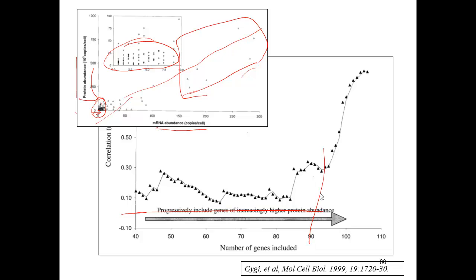This would be essentially no correlation for, in this case, close to 90% of the proteins. It's only the last 10% which showed a significant correlation, which would erroneously lead us to believe that mRNA and protein is highly correlated, but for 85% of the genes that's not the case.